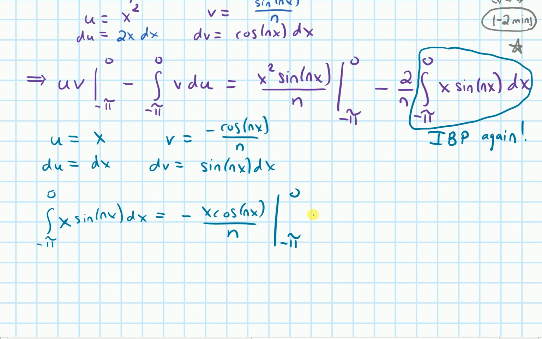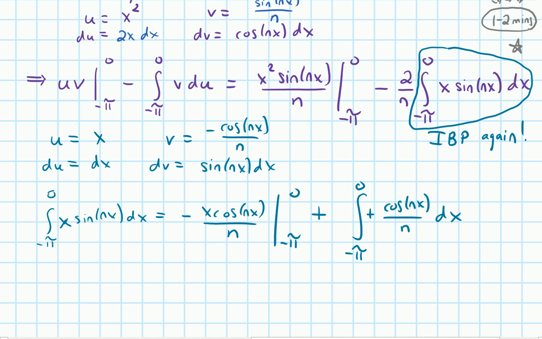And then we're going to get minus the integral from negative pi to 0 of v du. So for that we're going to have negative cosine nx over n dx. But notice that we have a double negative, this negative and this negative, so those will become a positive. All right, so we have this.